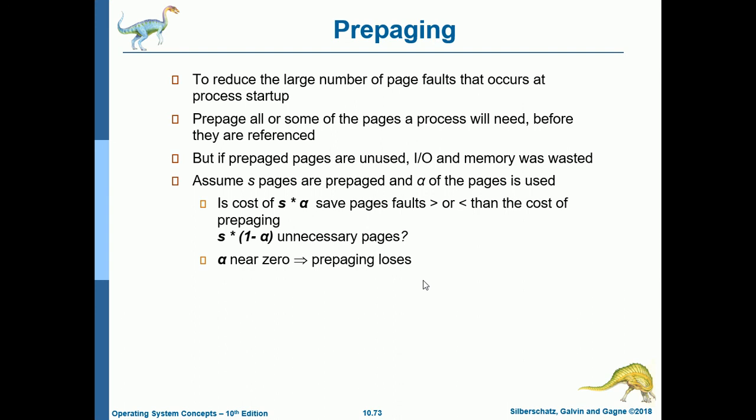Is the cost of S times alpha saved page faults greater than or less than the cost of pre-paging S times (1 minus alpha) unnecessary pages? If alpha is near 0, pre-paging loses, but if alpha is near 1, pre-paging wins.